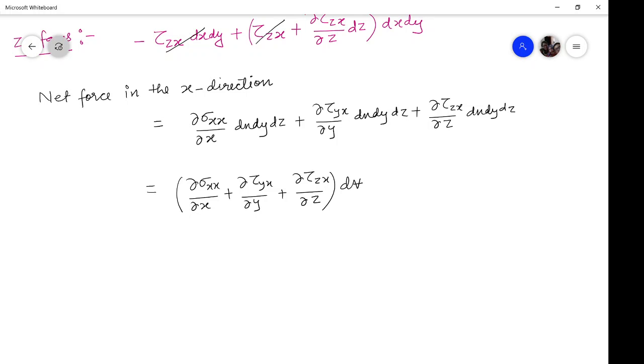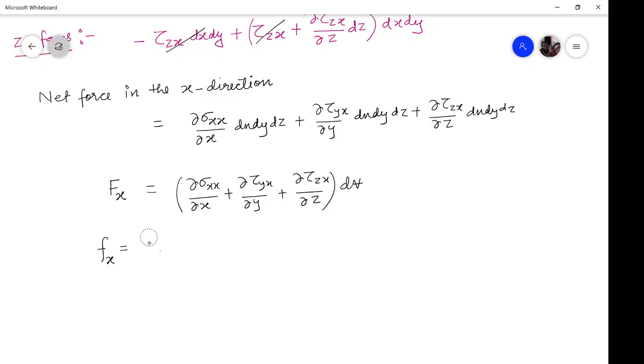So let me write this as net force. People always talk in terms of specific quantities, that is, per unit volume. So Fx will be equal to the force in the x direction per unit volume.